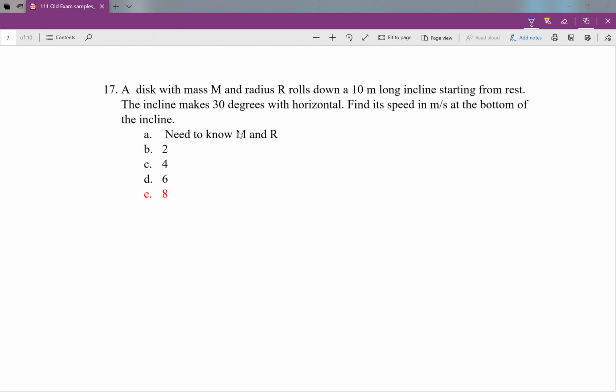A disk with mass m and radius r rolls down a 10-meter long incline starting from rest. So we got something like this, and we got this disk. It's got a radius of r, and it falls down. Now the distance from here to here is 10 meters.